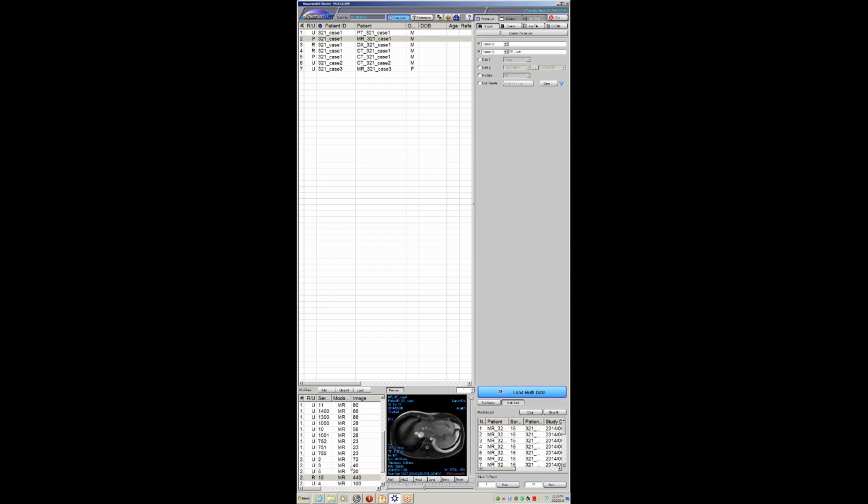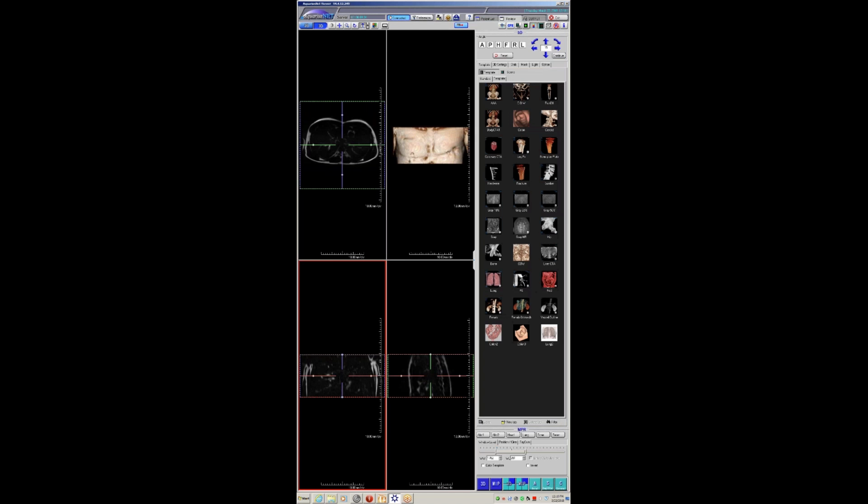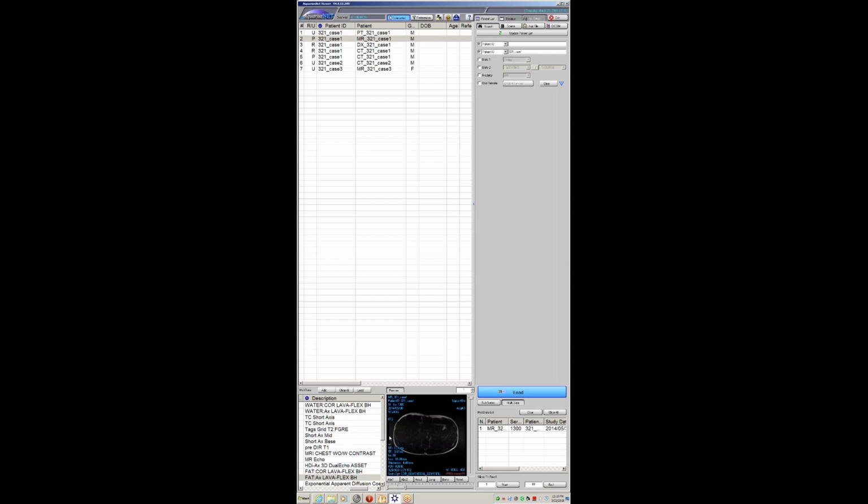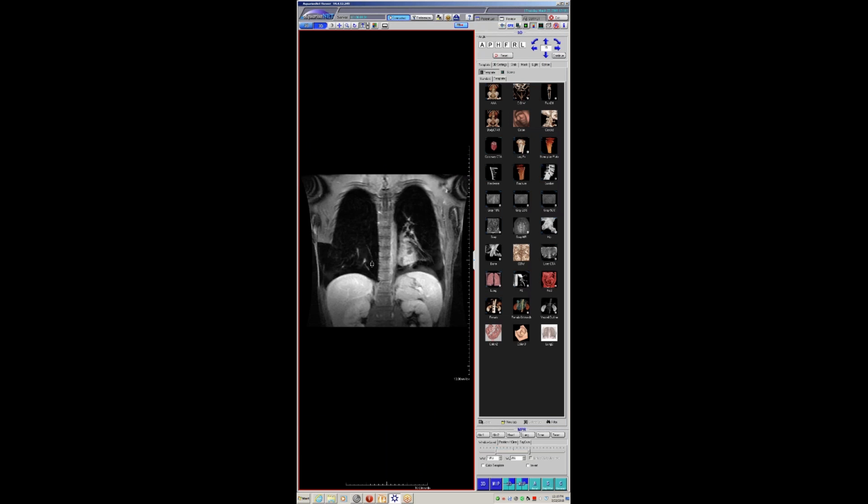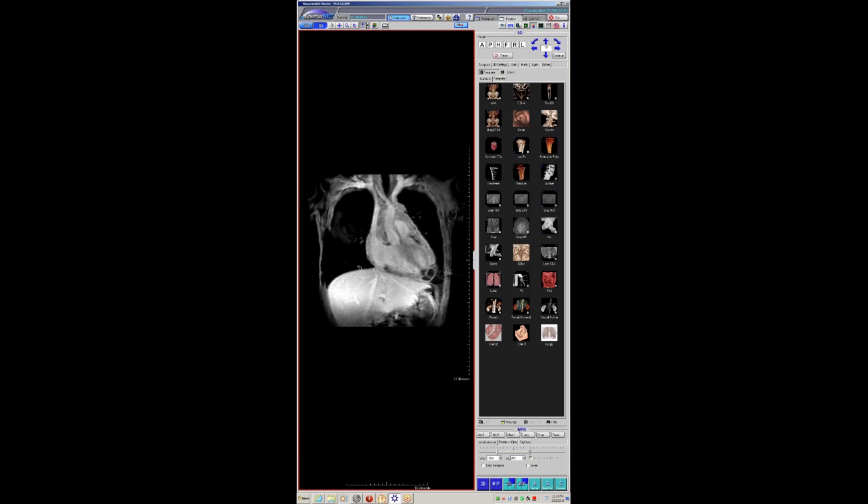Delayed images real quick, if I can find them. Sorry, guys. This is it. So this is the post-contrast imaging, extensive uptake, very ugly.